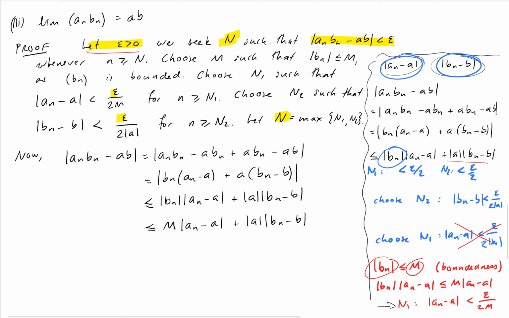And now I can substitute in these two pieces here, which in turn is less than, these are strictly less thans because of the way we've chosen the N. a_n minus a is going to be replaced with epsilon over 2m, so m times epsilon over 2m, plus absolute value of a times epsilon over 2 times absolute value of a, which equals epsilon as required.